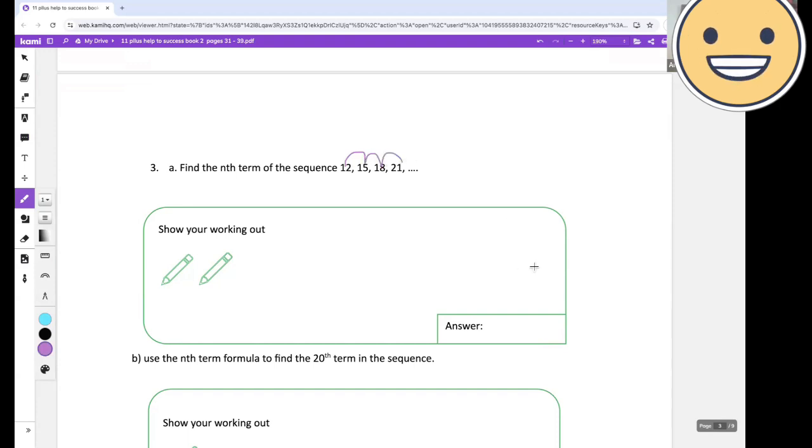And after thinking about the sequence, you will just do the next one. So what do you think would be for this one? What is your sequence for this one?